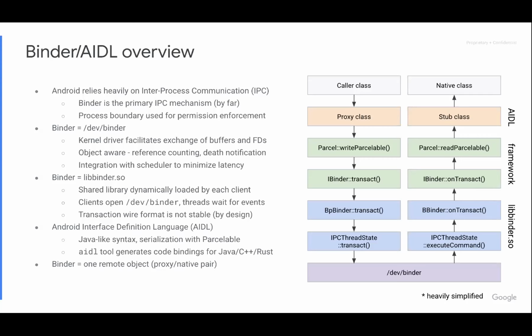On top of libbinder sits the Android interface definition language, AIDL, which has a Java-like syntax for defining interfaces, and it's tightly coupled with a serialization mechanism called Parcelable. It's very similar to the serialization mechanism you have in Java, but it's its own thing. There's an AIDL tool which generates code bindings for Java, C++, and Rust.